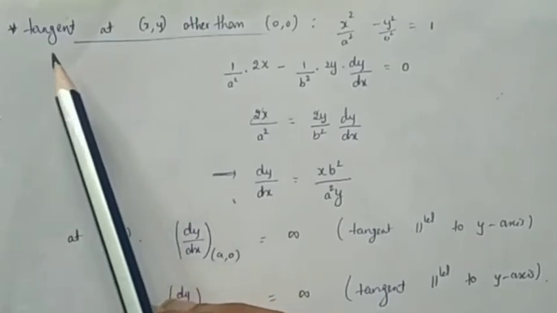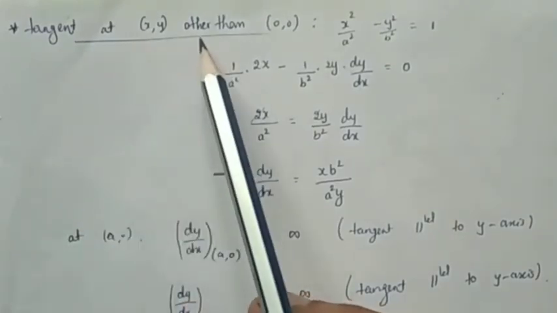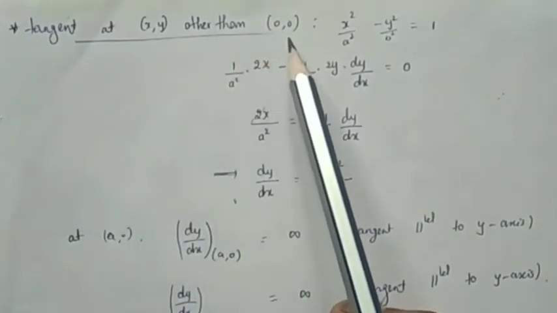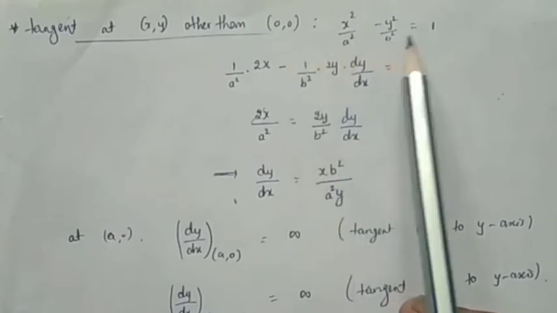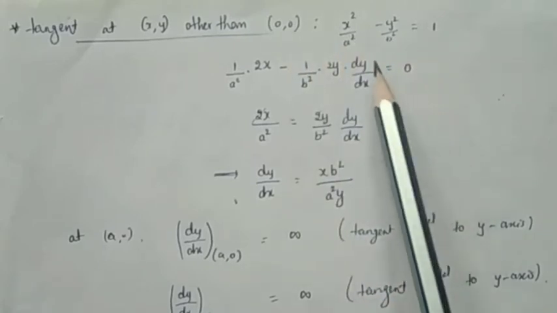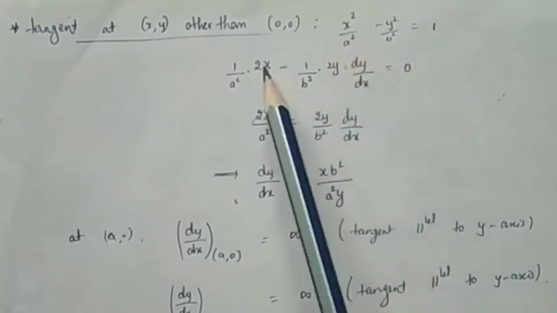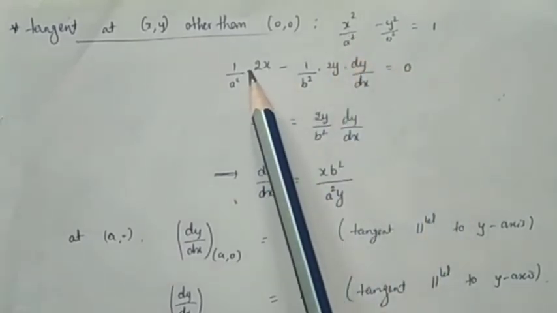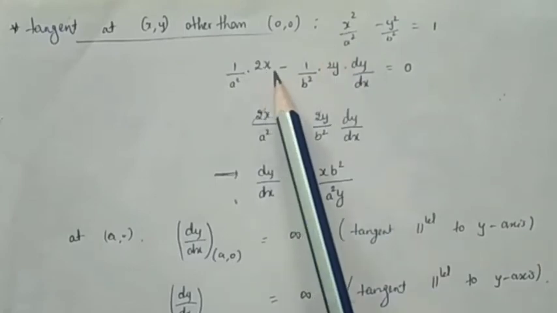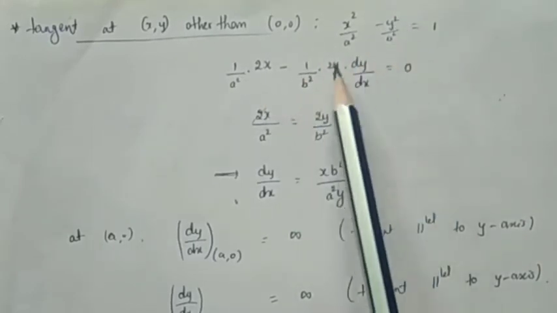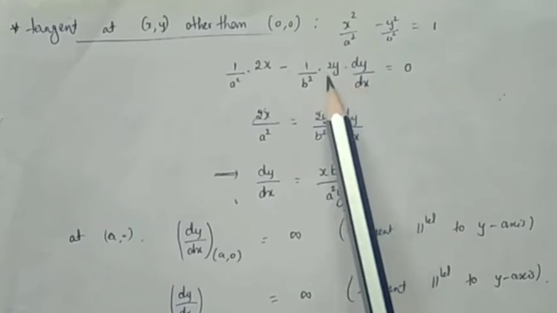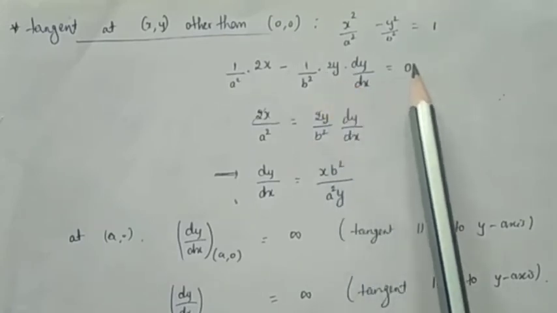The next point is the tangents at x comma y other than 0 comma 0. The equation of the curve is x square by a square minus y square by b square is equal to 1. You differentiate this. 1 by a square is constant, we write as it is. X square differentiation is 2x, minus 1 by b square into y square differentiation is 2y into dy by dx, which is equal to 0.